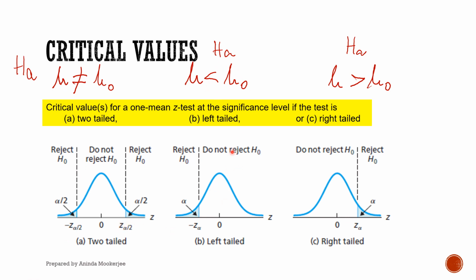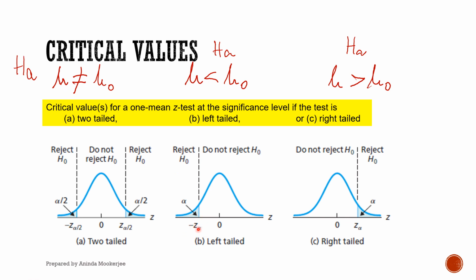For a left-tail test, we do not need to split alpha. We do that only in the case of a two-tail test. If it is a one-tail test, whether it's left-tailed or right-tailed, we do not need to split alpha. We just keep it as is. Again, alpha is always the area of the reject region.